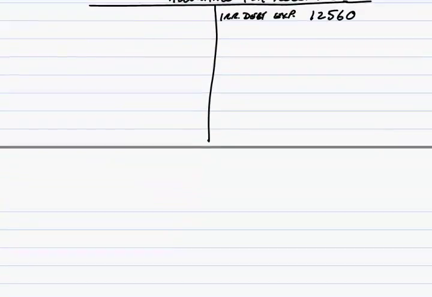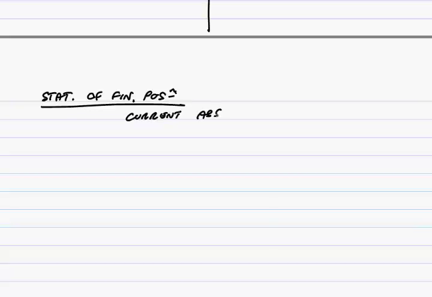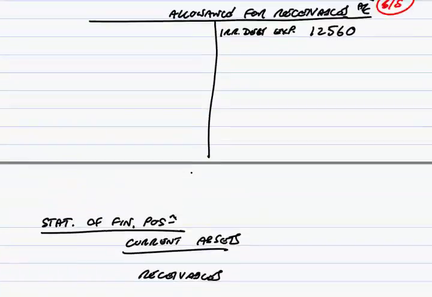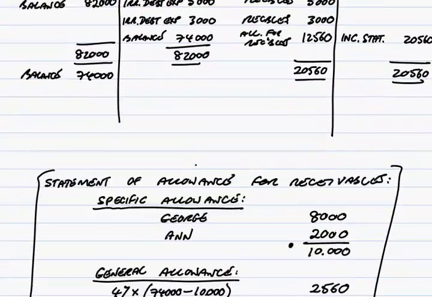Finally, although I hope already obvious, Part B says show extracts from the statement of financial position and the income statement. Well, in the statement of financial position, the balance sheet, under the heading current assets, we'll show receivables. The balance on the account was how much? 74,000.